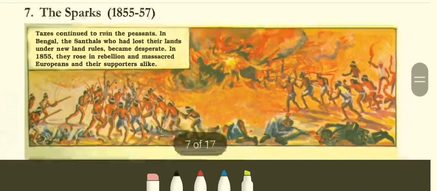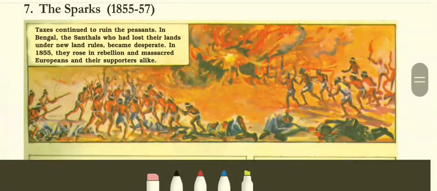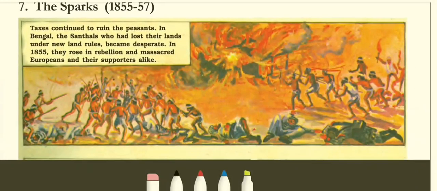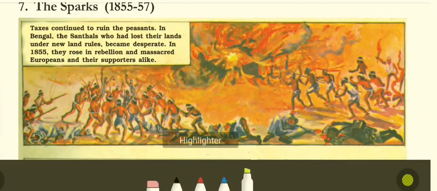Here we are. The sparks. What is it? Taxes continue to ruin the peasants. The farmers were ruined due to growing taxes. Okay. So in Bengal, the Santals, very important. These are really brave, the Santals. The Santals who had lost their lands under new land rules became desperate. They became angry. Okay.